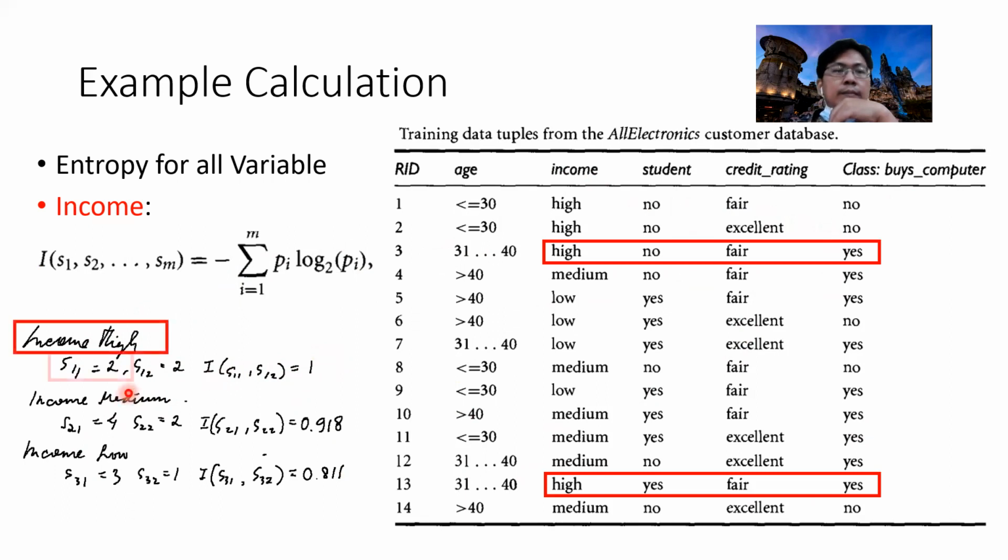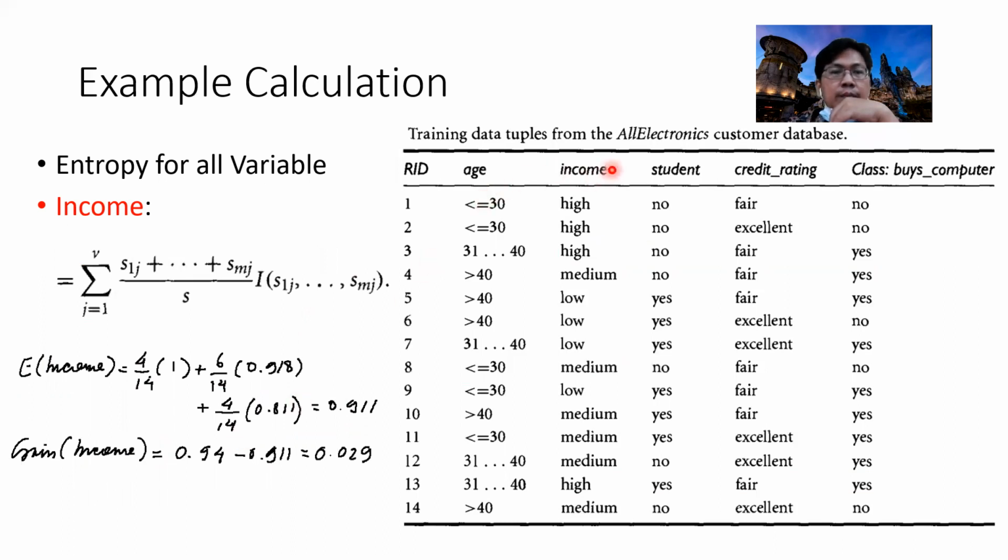And also for medium, you have to count the number of yes and no, and then calculate using this equation of the information, and for the low, etc. And finally, we get the gain of the income using this equation, 0.911, and this is the total gain minus this income gain, 0.029.